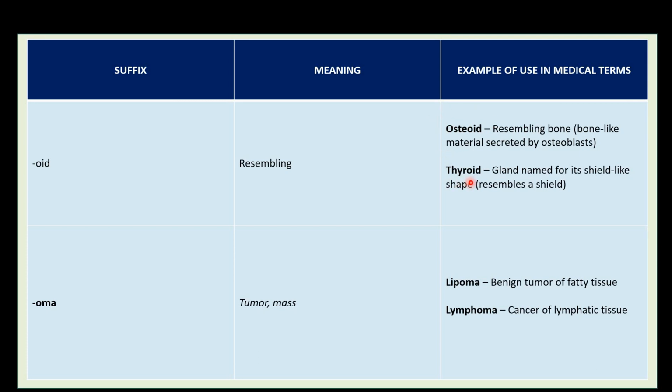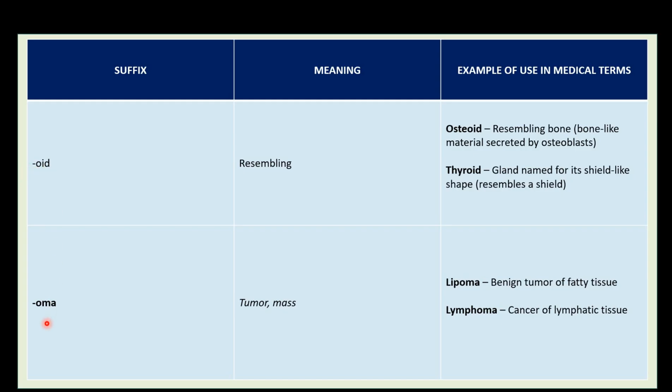In the same way, we have thyroid, a gland named for its shield-like shape, resembling a shield. So here the term thyroid uses the suffix oid.